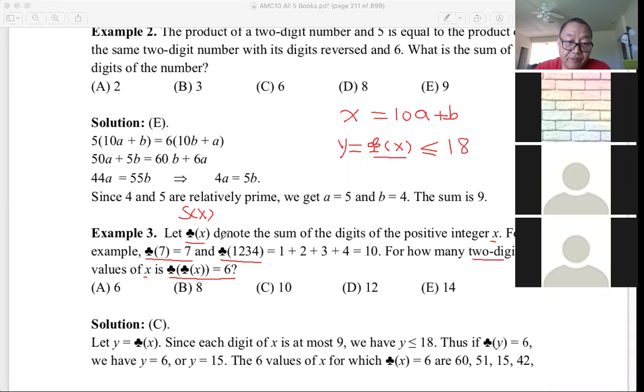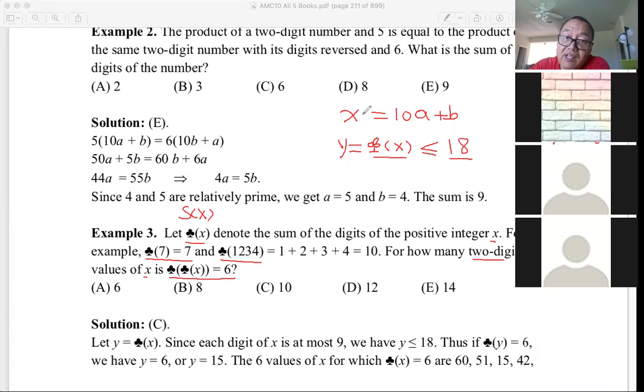Now let's see this one. Suppose this Y now equals 6, okay? Then what is this Y? What is the choice for this Y?